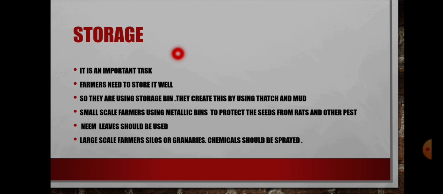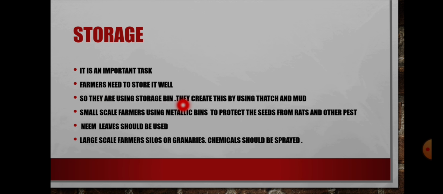storage. Storage is very important. If farmers simply keep grains in godowns, pests will damage all the grains. So it's a very important task for farmers to store the grains well.